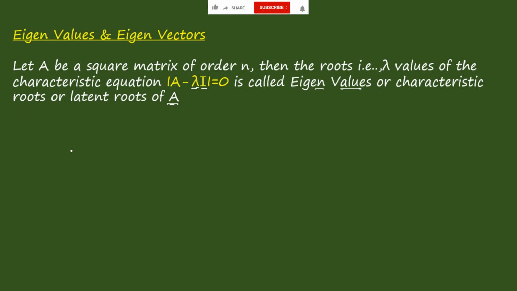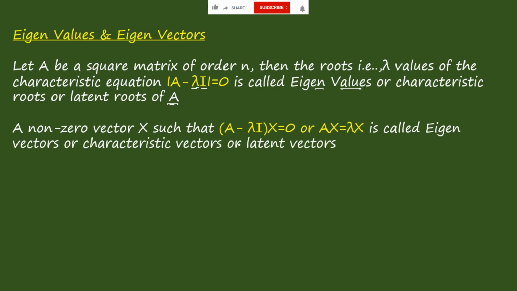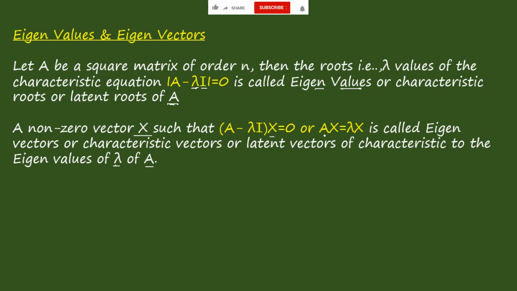Now coming to eigenvectors. A non-zero vector x such that (A minus lambda I) x is equal to 0, or Ax is equal to lambda x, is called an eigenvector, characteristic vector or latent vector of A corresponding to the eigenvalue lambda of A. For this particular root or eigenvalue lambda, there would be an eigenvector x such that (A minus lambda I) x is equal to 0, or Ax is equal to lambda x.